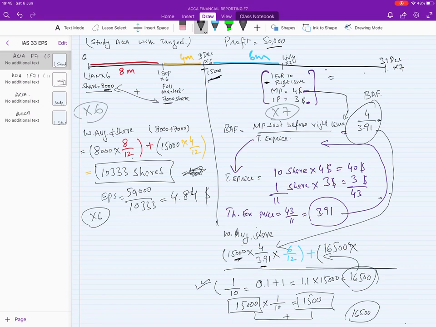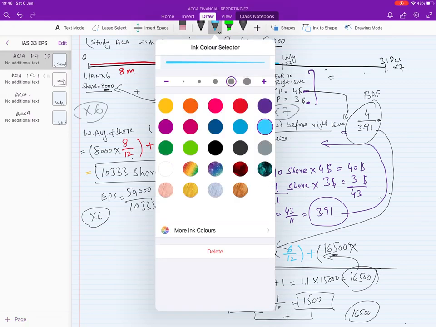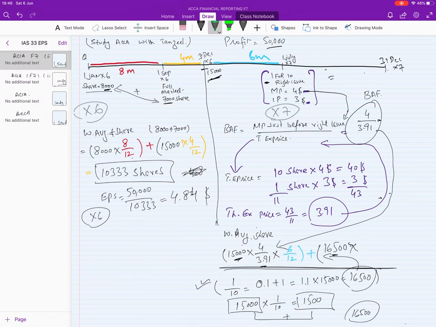The 16,500 shares are outstanding from July till December, the last 6 months. So take the effect of the last 6 months. This way you will calculate your weighted average number of shares. Your weighted average number of shares will be 15,942 shares.